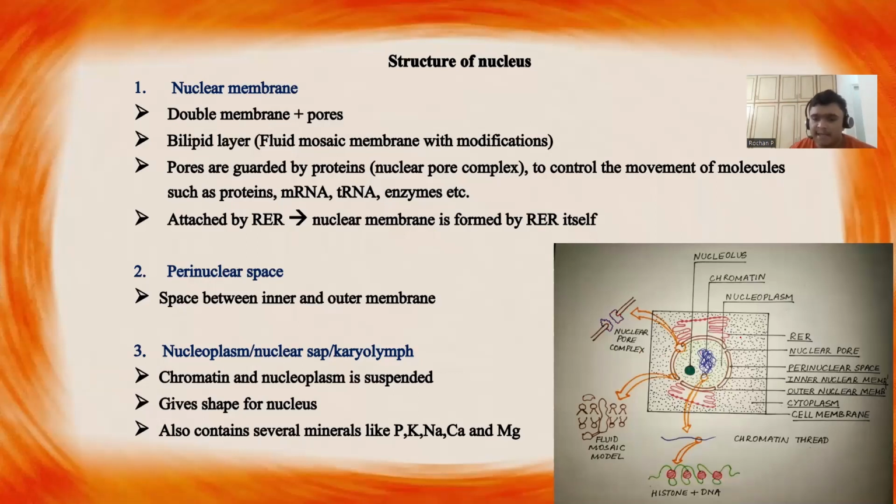If any material has to enter into the nucleus, it is going to enter through the pore itself. If anything has to exit the nucleus, that also is going to be through this pore itself. So the nuclear pore complex acts like a doorway to the passage.